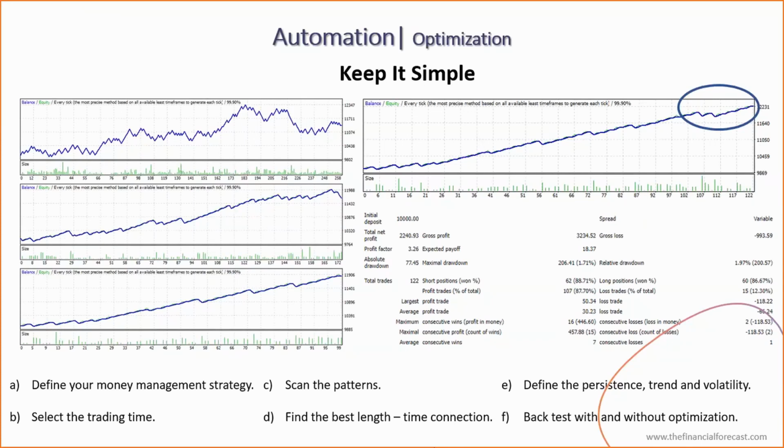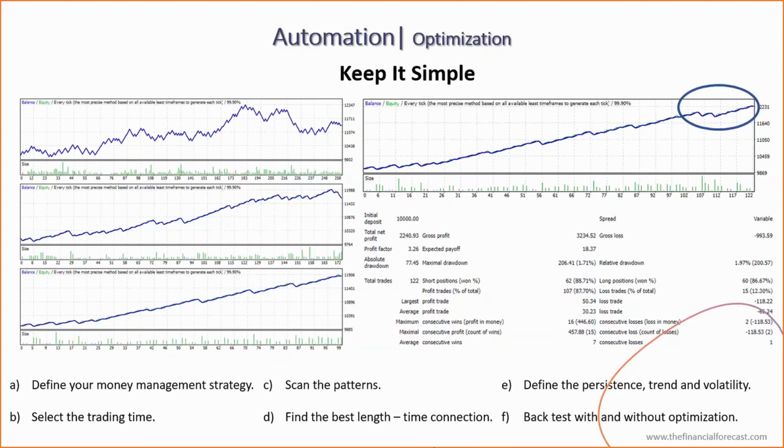Don't go so deep. Just keep it simple. For example, if we're using Bollinger Bands, we know that more than 70% of the time, the price will be within the Bollinger Bands. So we will use a standard deviation of 2. If we want to capture most of the range of prices, then we use standard deviation 3.